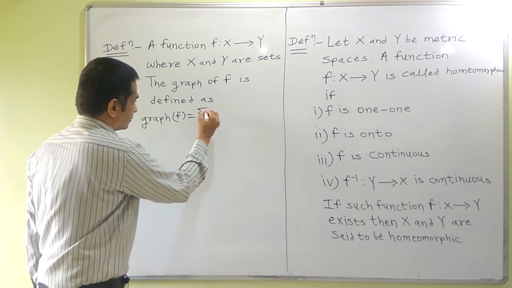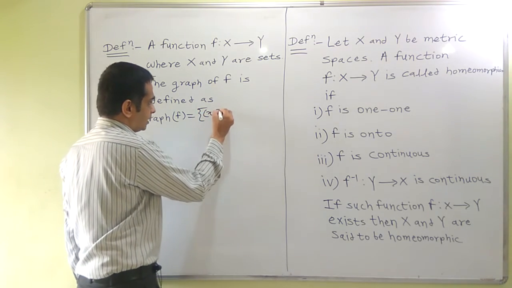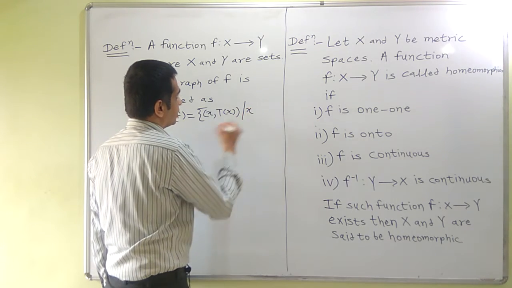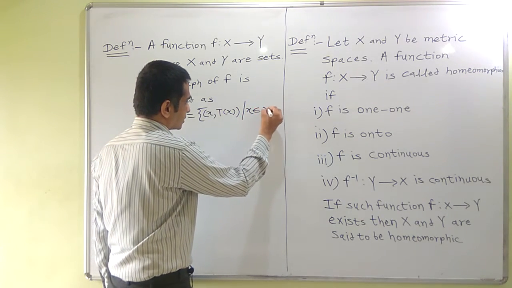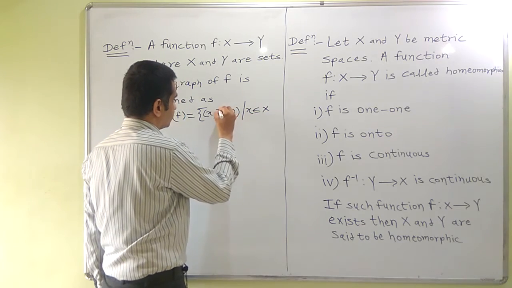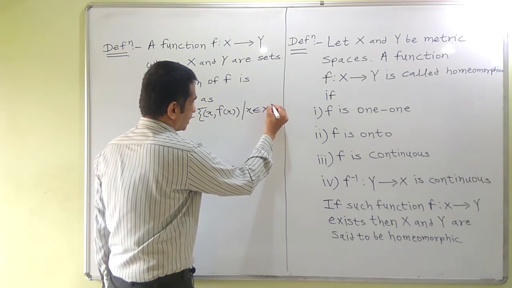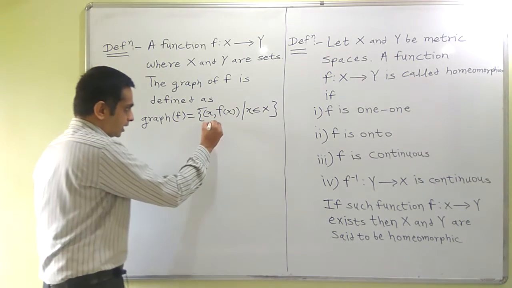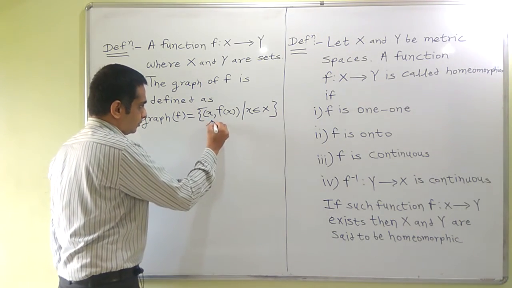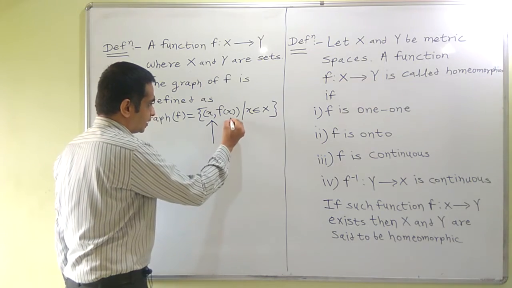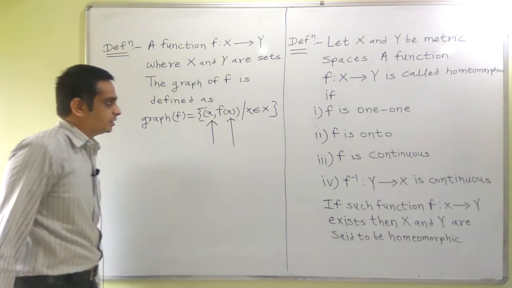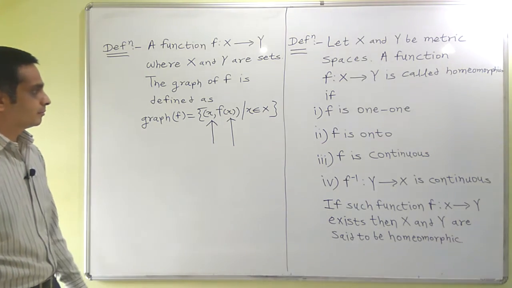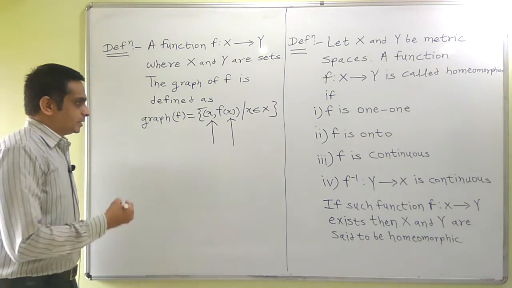So it is the set of (x, f(x)), where x belongs to X and f(x) obviously belongs to Y. So it is the collection of all ordered pairs where the first coordinate is the pre-image and the second coordinate is the image.